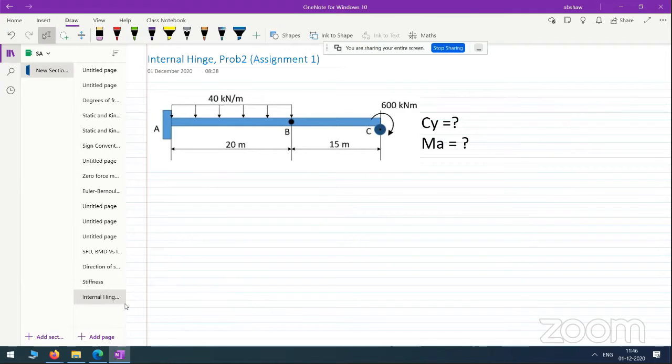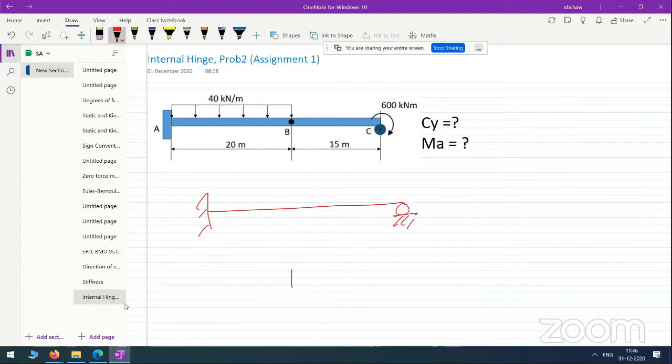If you have a propped cantilever beam subjected to different kinds of load, then we know this is an indeterminate structure. The static indeterminacy is 1, because there are 3 reactions here and 1 reaction there, with 3 equations. So we need one more equation to determine the one unknown.